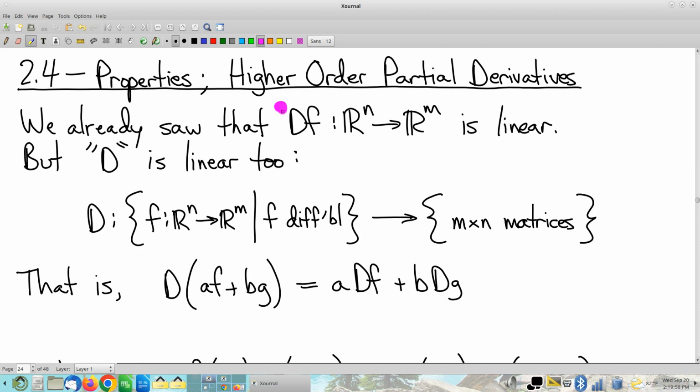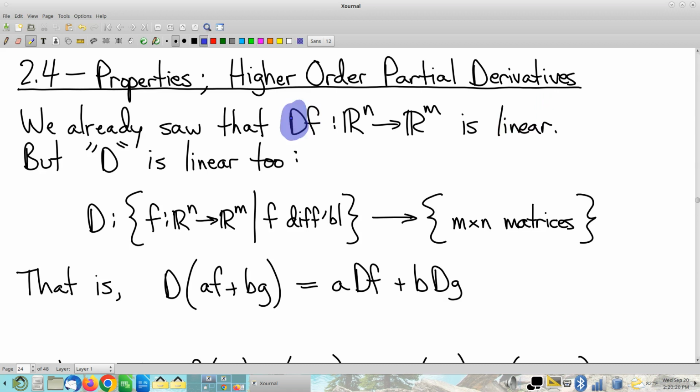Here's our derivative matrix. We've already seen that that's linear. Of course it is, it's a matrix. I want to talk about a different thing, though. I want to talk about the act of differentiation itself.